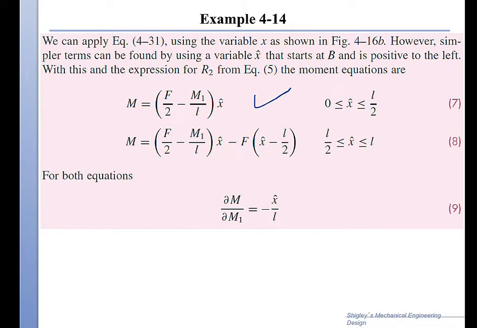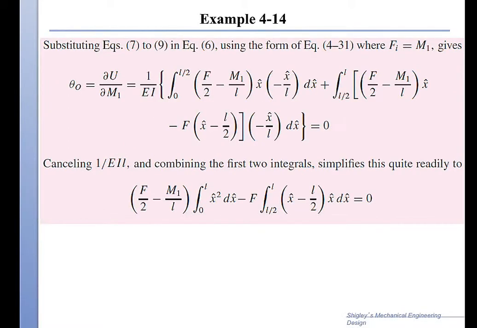So this is the moment when x hat is between 0 and L over 2, and this is the moment when x hat is between L over 2 and L. In both equations, I'm interested in the rotation under M1. So I take the derivative, which is minus x hat over L, and then I do the integration of M times dM by dM1 from 0 to L over 2.